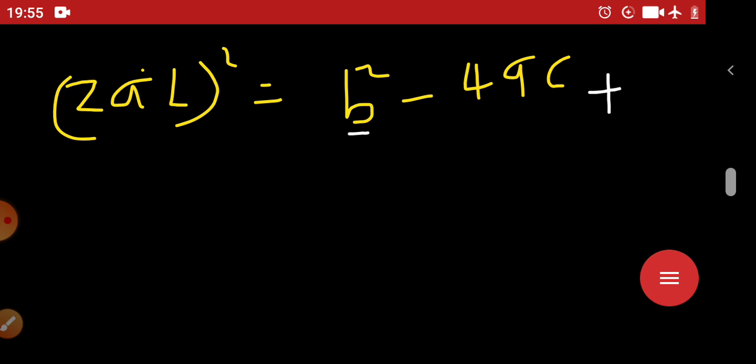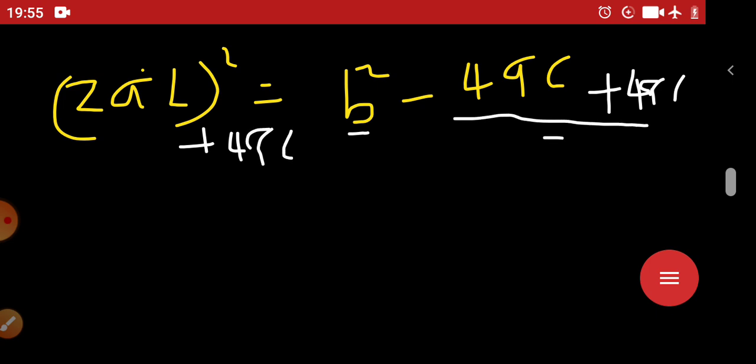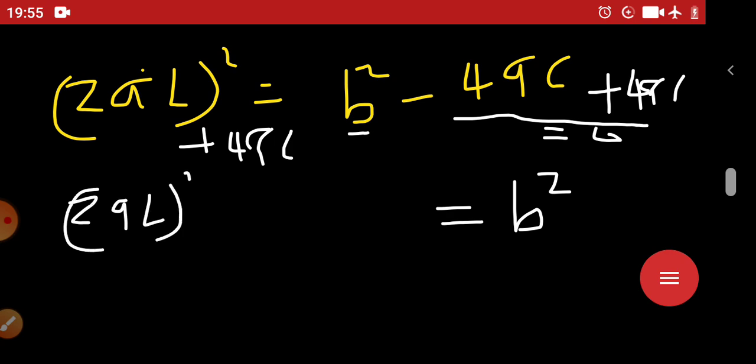We need to add it both sides, plus 4ac both sides, so that this becomes 0. The right hand side will be left with b squared, and the left hand side will have 2al all squared plus 4ac.